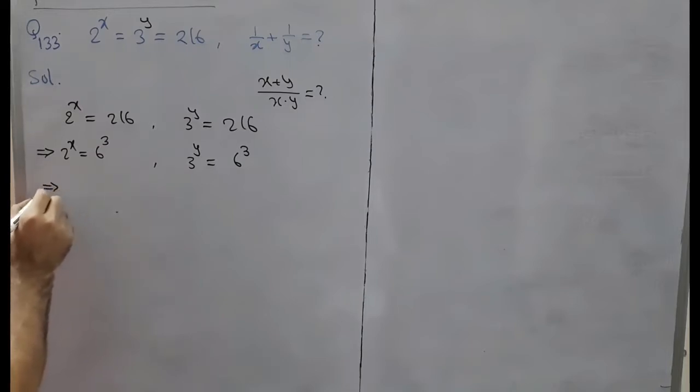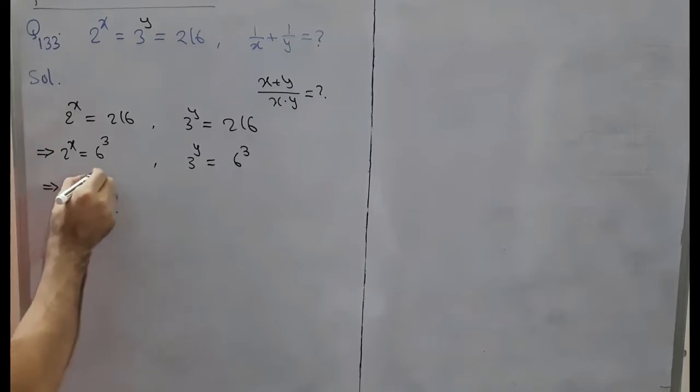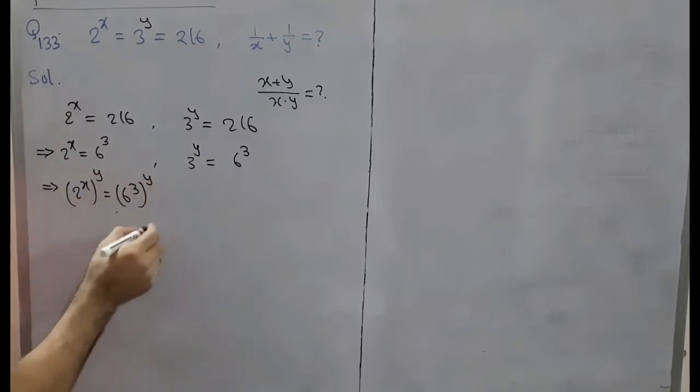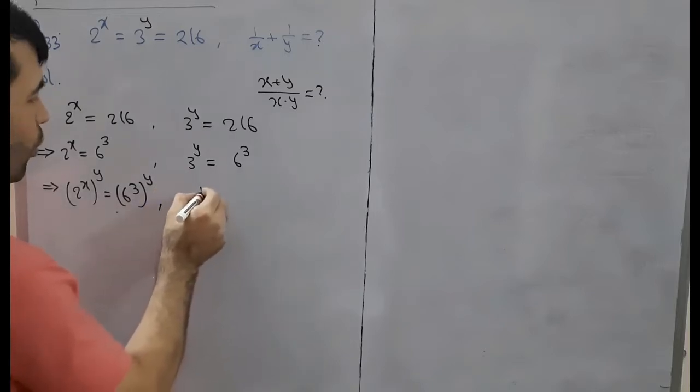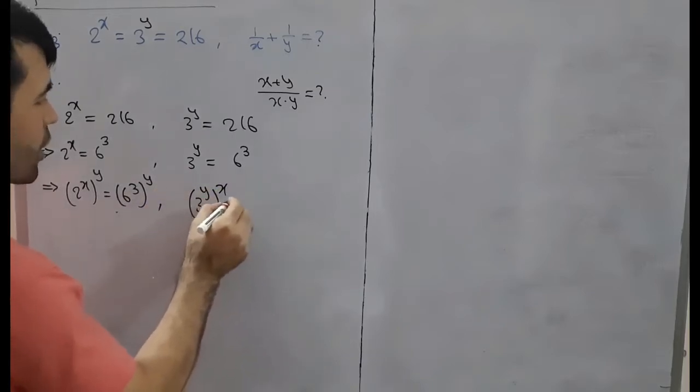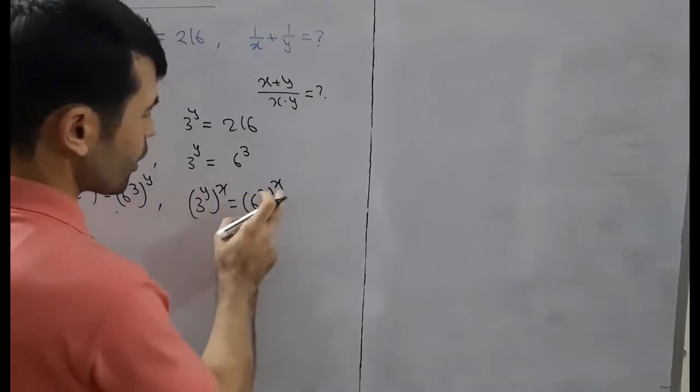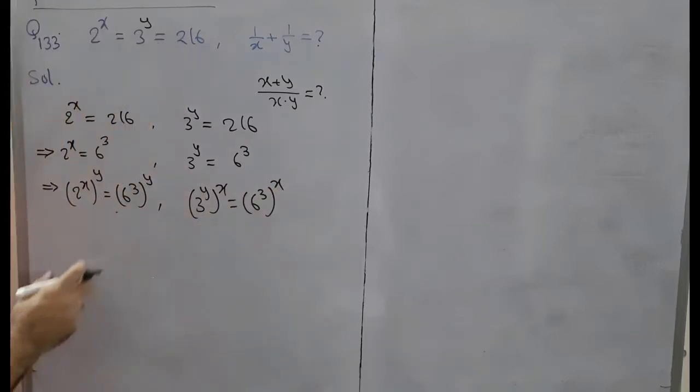This implies 2 to the power x whole to the power y is equal to 6 to the power 3 whole to the power y. 3 to the power y whole to the power x is equal to 6 to the power 3 whole to the power x. Both sides raised by y, here also both sides raised by x.